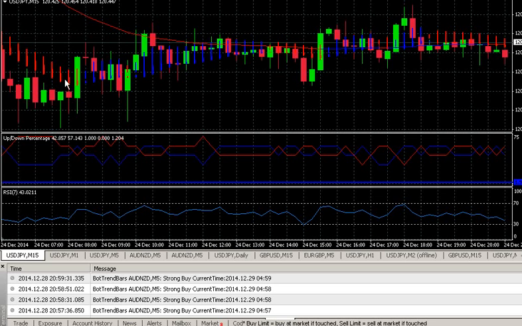This is why I've got my little up-down percentage on here. My up-down percentage, even in spite of this impulsive candle here, red over blue, telling us that the trend is still moving down, and we're still below our slope direction.